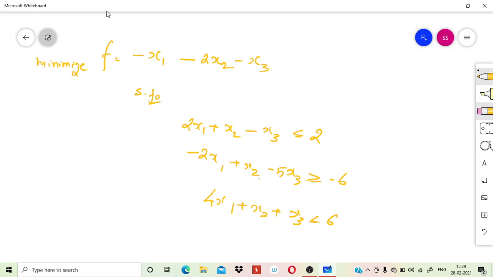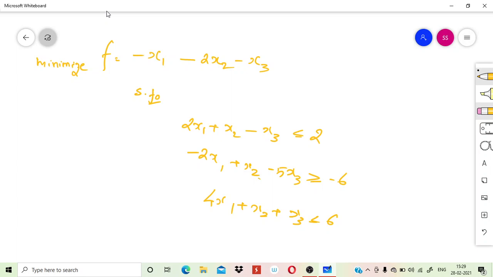So first you have to do that, and after the conversion into the standard form, we will get a set of equations, and that set of equations is known as a system of linear equations.